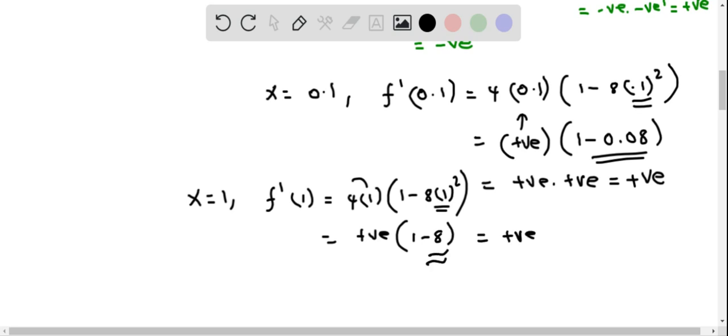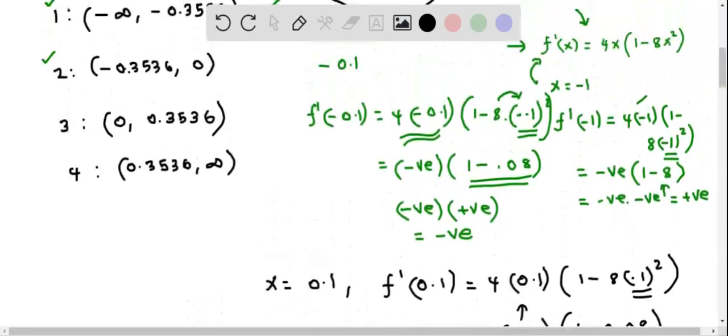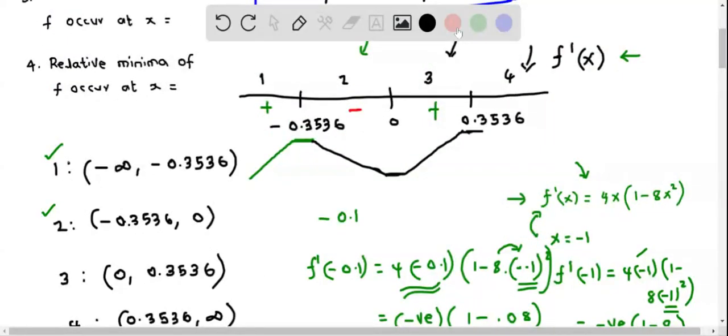So we get a product of positive times negative, which is negative. So the sign of the first derivative is negative here, and we indicate the function as decreasing like this.